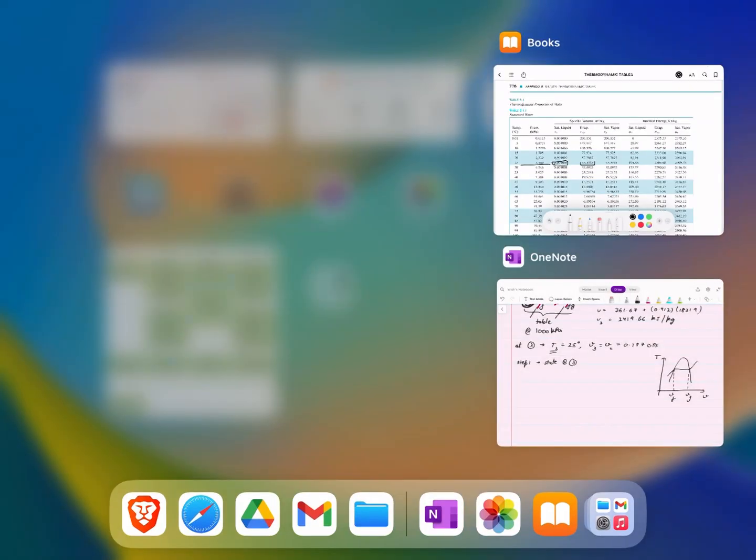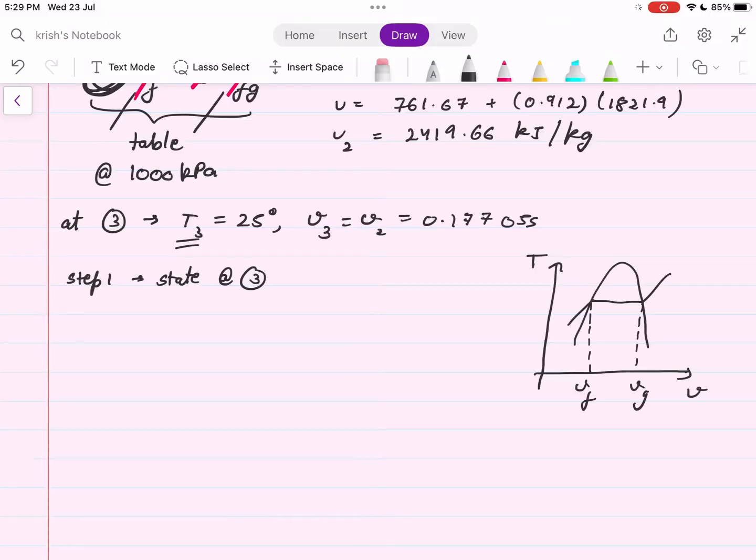So let us write those down. Vf equals 0.001003, Vg equals 43.3593. That means again our given volume is somewhere over here. That is, it lies in the saturated mixture region. So at 3 also it is a saturated mixture.